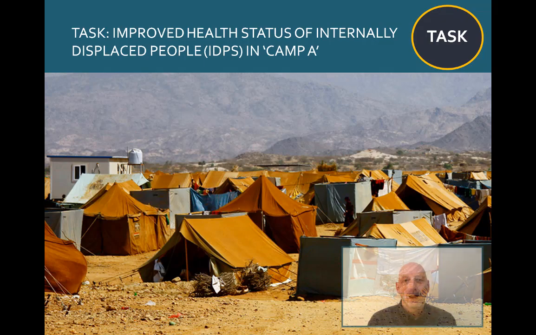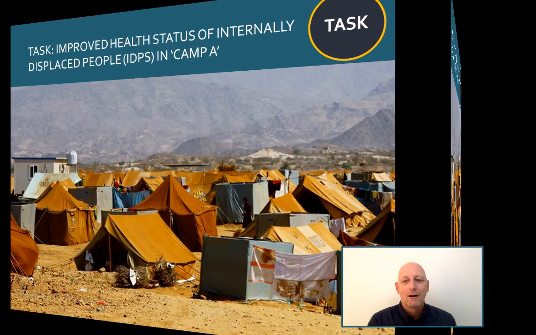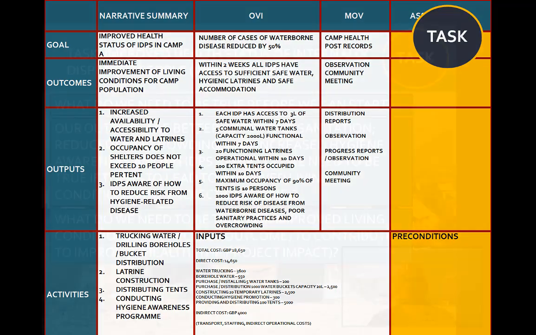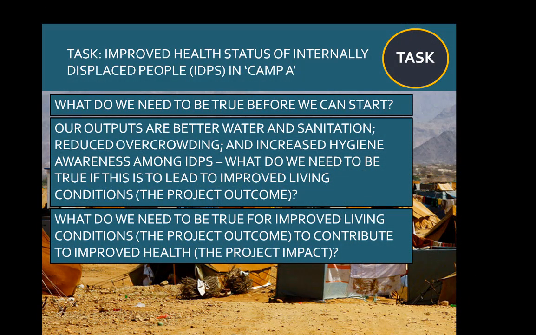And here we are back at the IDP camp, and your task is to identify the preconditions and the assumptions at the output and outcome level that will ensure that the project does contribute to improved health. Questions to think about. Before we can start, what needs to be true? What needs to happen in the external environment before we can begin our activities?